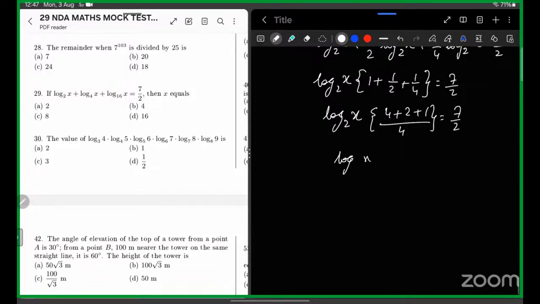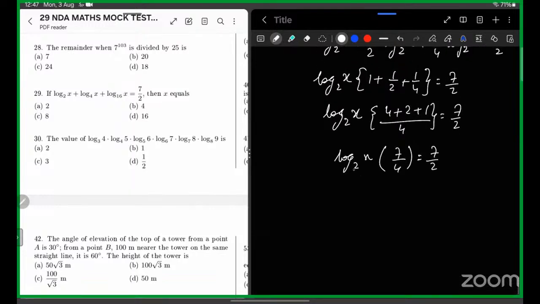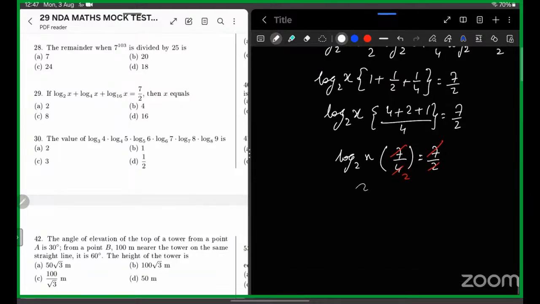So log x to the base 2 equal to 7 by 4 equal to 7 by 2. Then I can cancel this 7 and this 7 with 2 this 2. Next, I can write it that log x to the base 2 equal to 2. So x is equal to 2 raised to power 2, that is 4. Option number B.